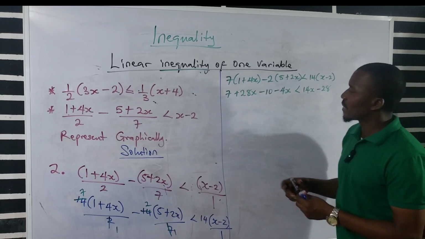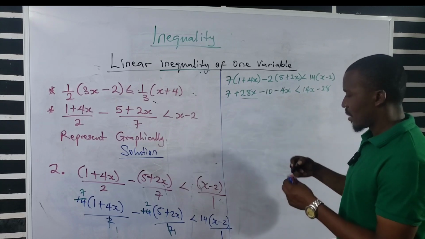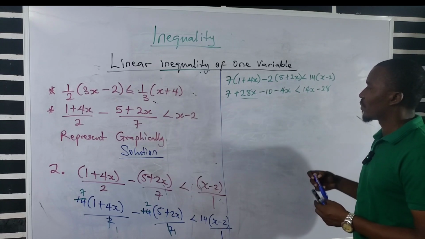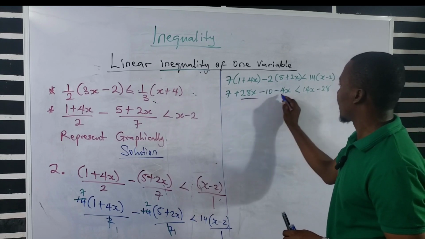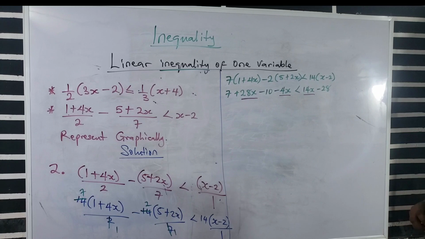So the next thing now is to collect like terms. All the expressions that have x in them, I have to collect them on one part of the equation and put the other ones on the other side.